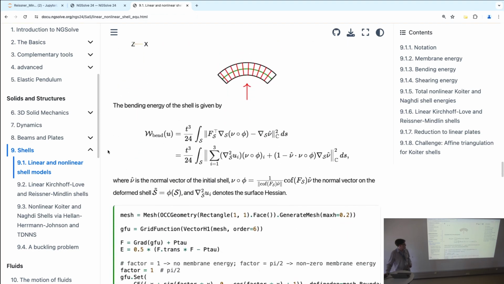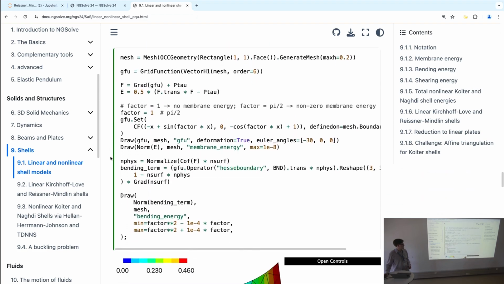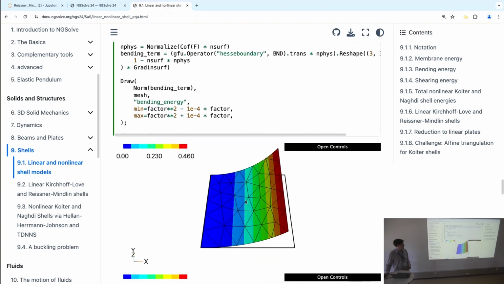And so it motivates to define the bending energy as the difference of the curvatures of our initial configuration and the pulled back Weingarten tensor from the deformed configuration. And we can do some algebra and find that the main part is like a Hessian of the displacement, which gives us the bending part. And here I just have also a very simple explicit deformation.